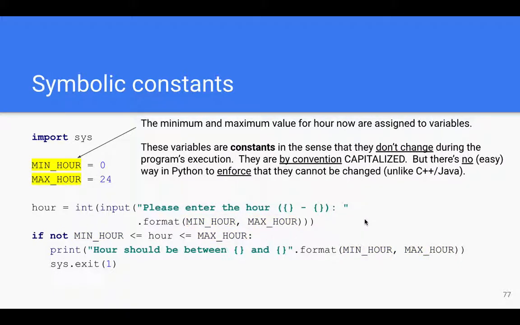So now the minimum and the maximum value for the hour are assigned to variables. These variables, MIN_HOUR and MAX_HOUR, are constants in the sense that they do not change when we run the program. You notice that I capitalized both of them.